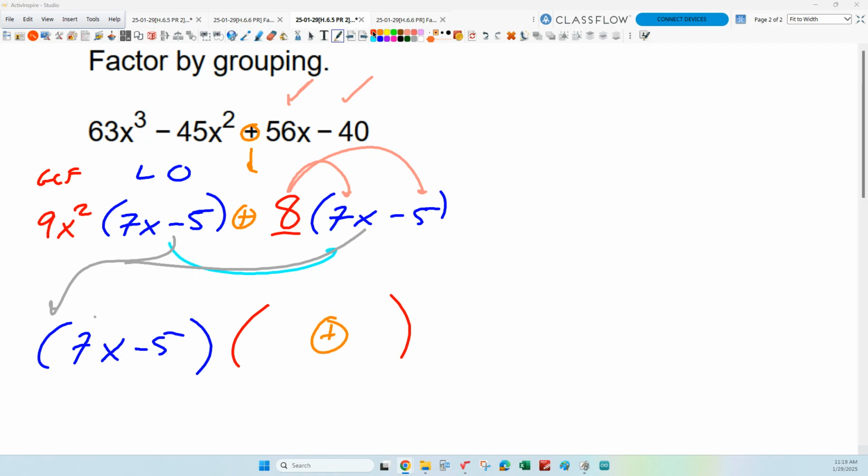What's left behind from group 1? 9x squared. 9x squared plus what's left behind from group 2? 8. And we're done.